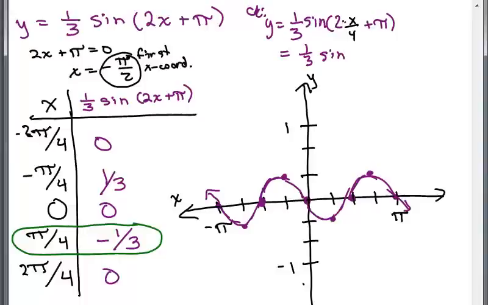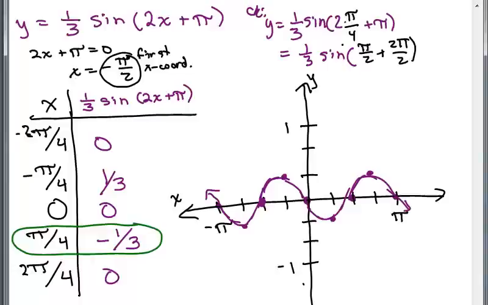All right, so this is 2 times pi over 4, right? Which I'm going to write as pi over 2. I'm sorry, that was supposed to be pi over 4, not x over 4. All right, so getting a common denominator, that's pi over 2, plus, writing pi as 2 pi over 2.